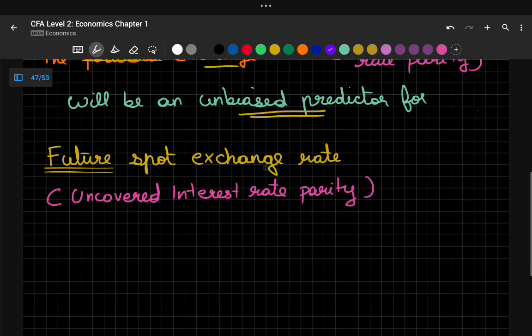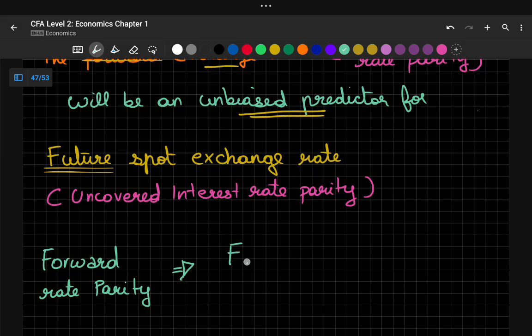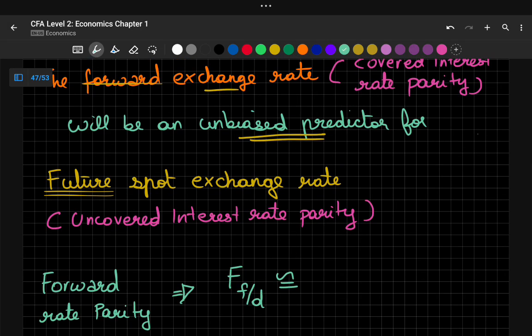The forward rate parity equation given in the curriculum is that the forward rate here should actually be approximately equal, or nearing, the expected future spot exchange rate.